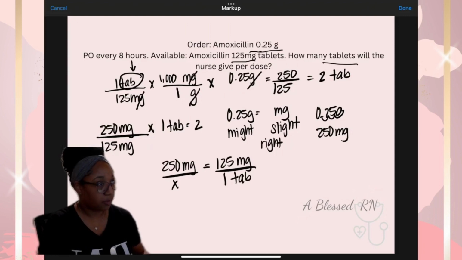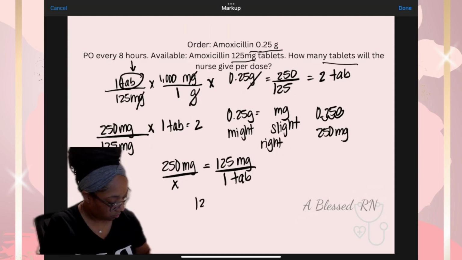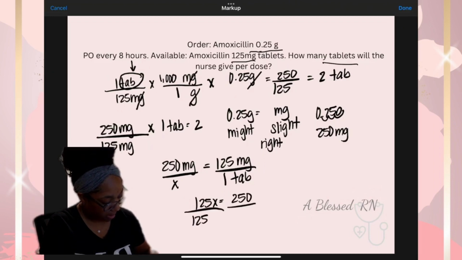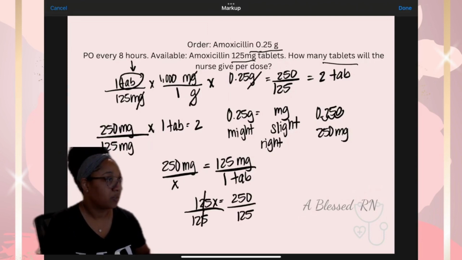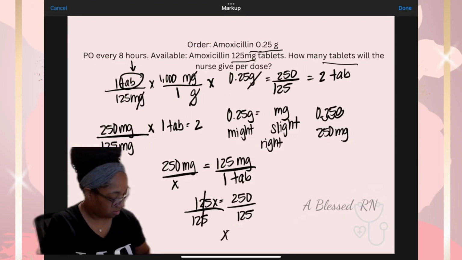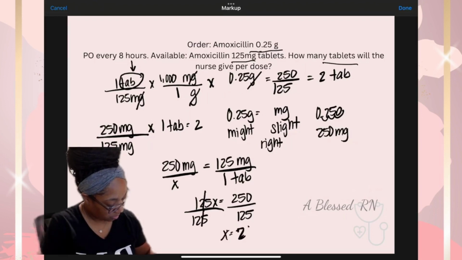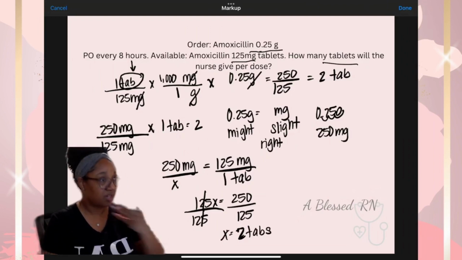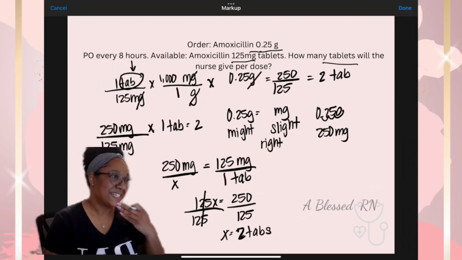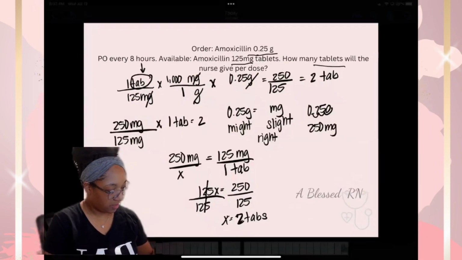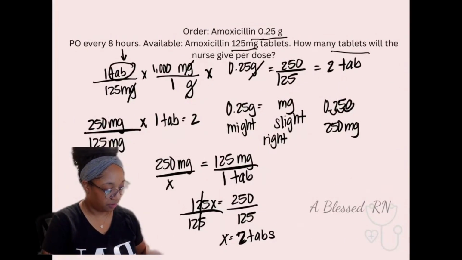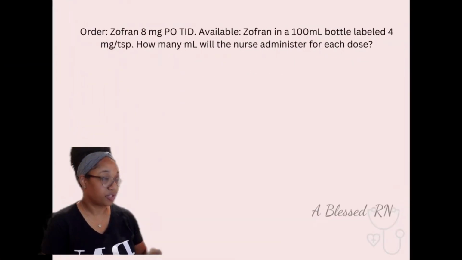You cross multiply and divide both sides by 125 because you're trying to get X by itself. That will equal 2 tabs. So you got your 3 ways: dimensional analysis, desired over have, and ratio and proportion.